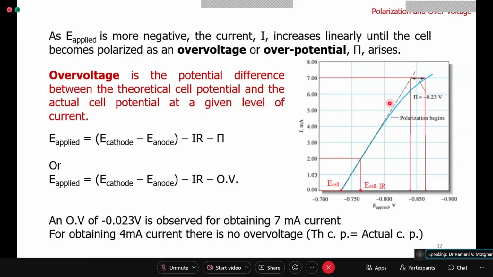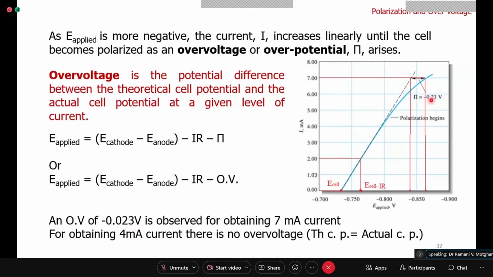But as you go ahead, you will find that due to polarization, the theoretical value and the actual values are different, and the difference between the theoretical value and the actual value gives you the value of over potential, that is over voltage. So here we see that E applied is equal to E cathode minus E anode minus IR minus the over voltage.